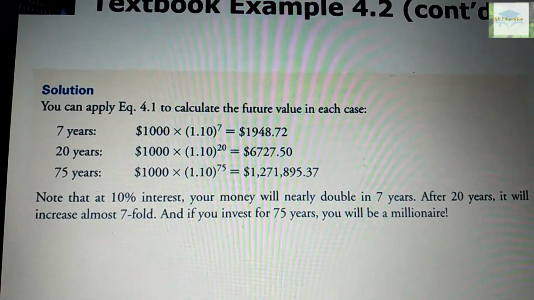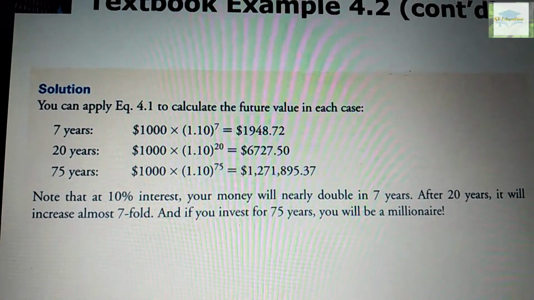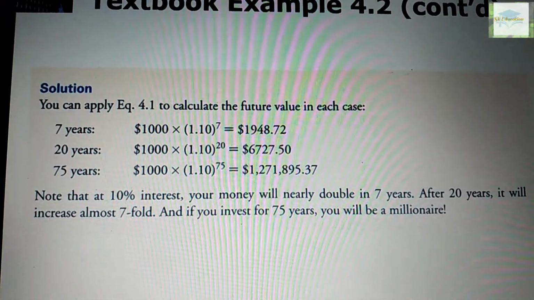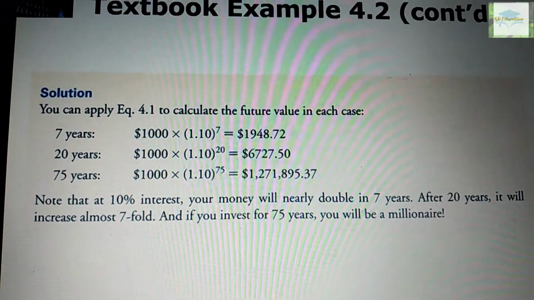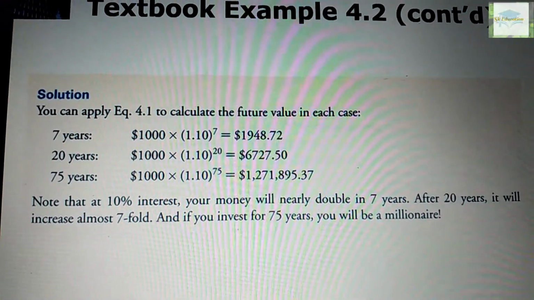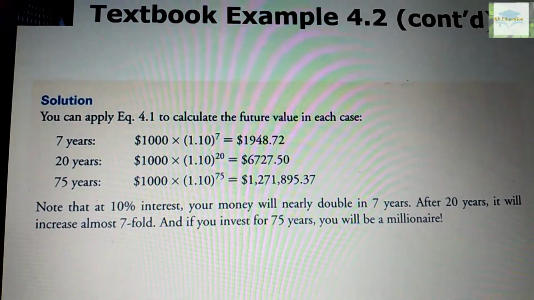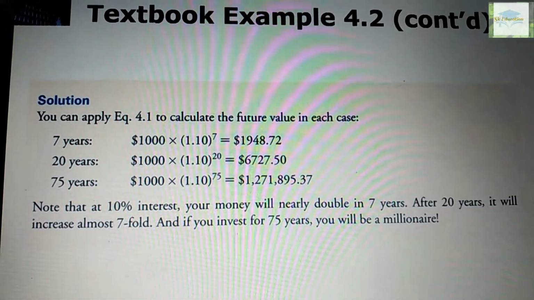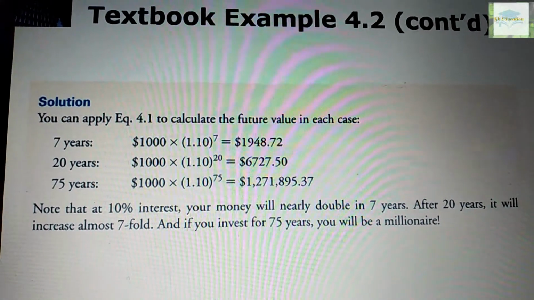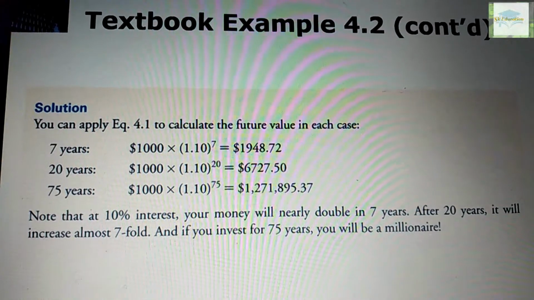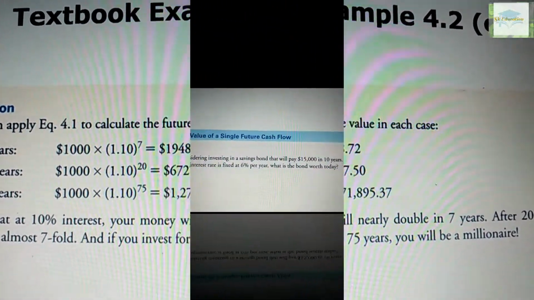For 7 years, C into (1 plus R), where R is 0.10, so 1 plus 0.10 is 1.10 to the power 7. When we do all the calculation, we will have 1948.72. We will do the same with 20 years and 75 years.